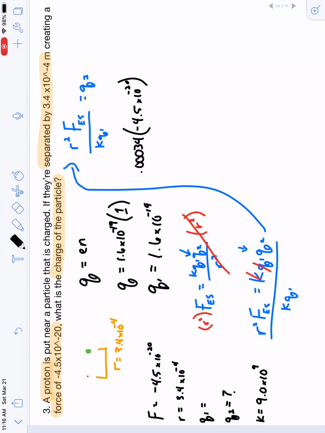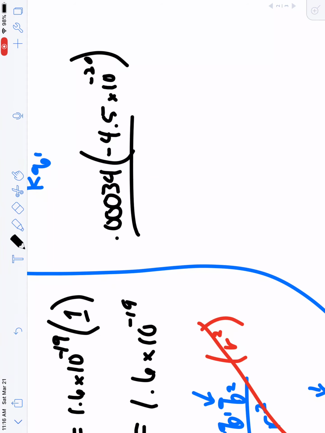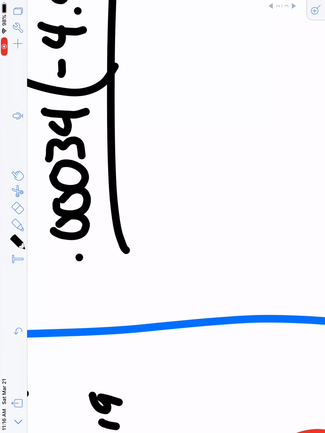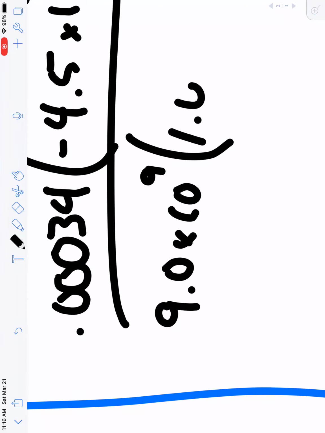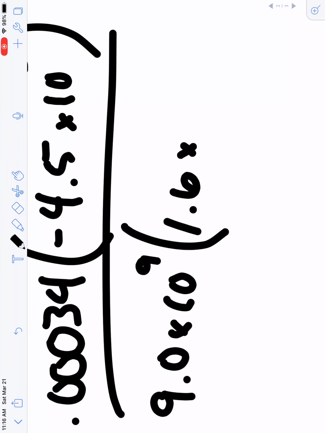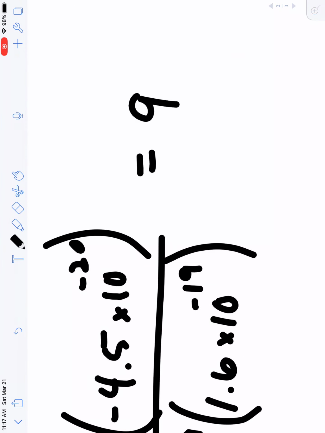K, and Q1 is simply the elementary charge. That's going to be divided by 9 times 10 to the 9th, multiplied by 1.6 times 10 to the negative 19th. Now, let's take a quick look here and see if this is going to make sense for us.